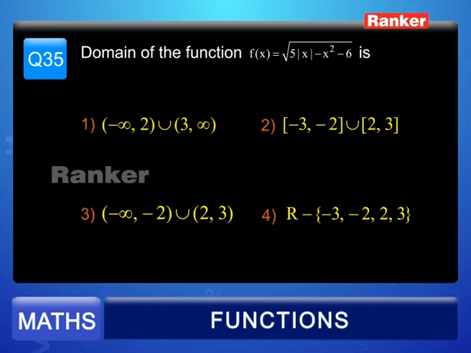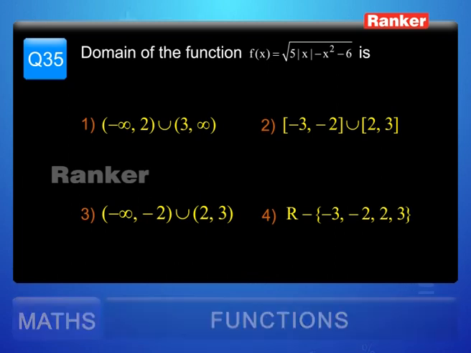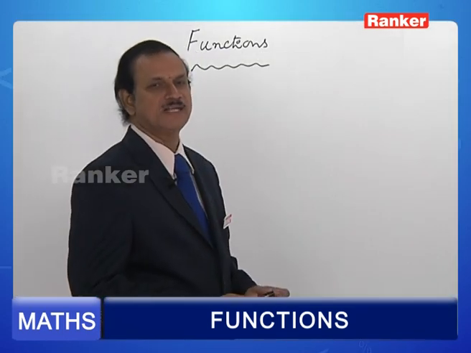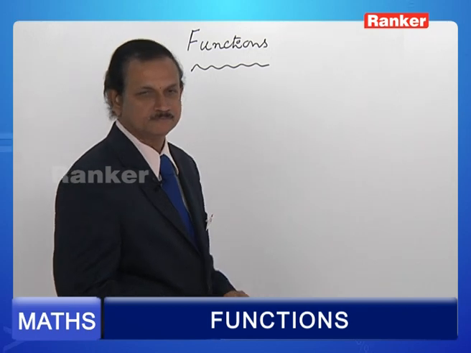Third option is open interval minus infinity to minus 2 union open interval 2 to 3. And the fourth option is the set of real numbers minus the set containing minus 3, minus 2, 2 and 3. Let us observe and discuss the domain of f.